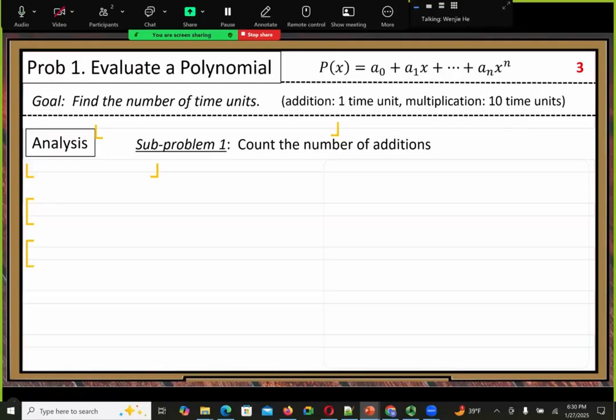If we use the straightforward brute force method here, can you tell me the number of additions? How many additions do we need? Only additions. Ignore multiplications.